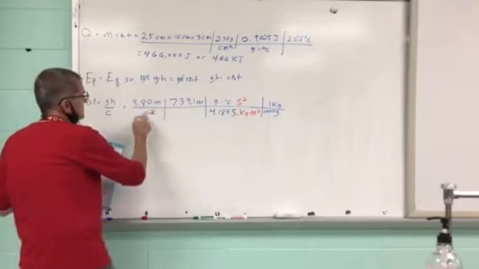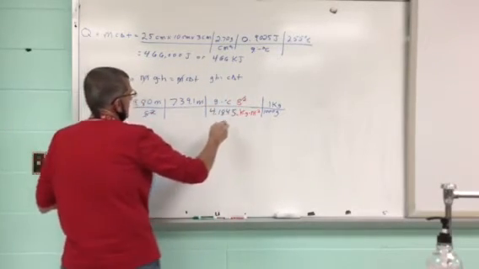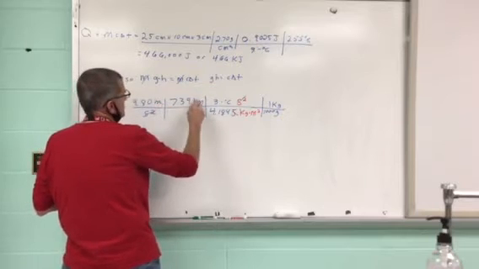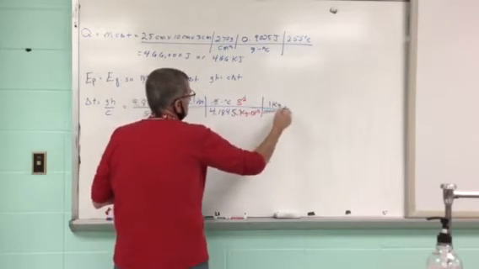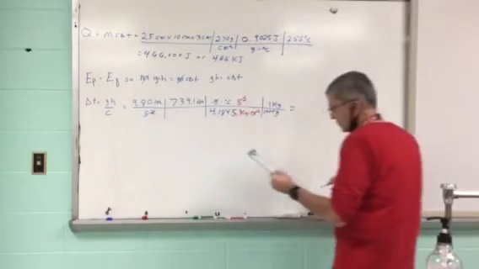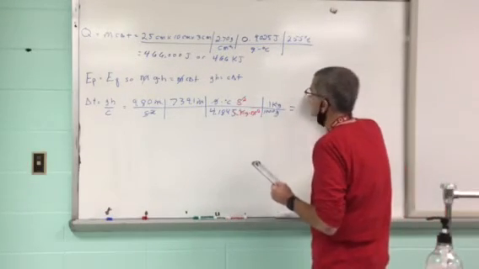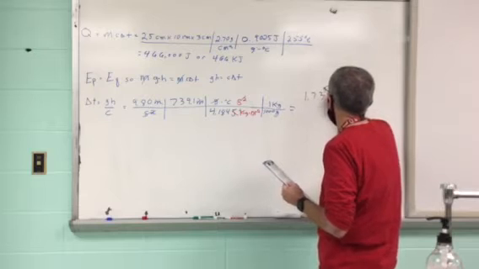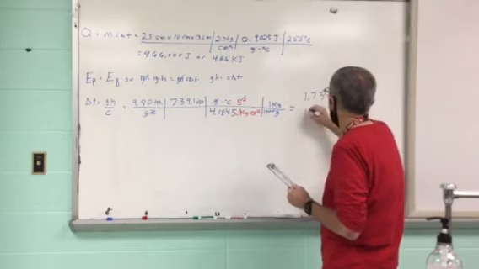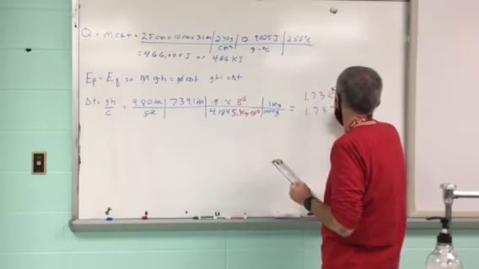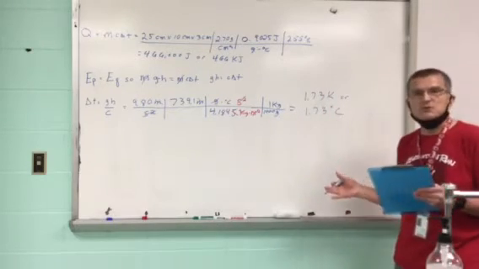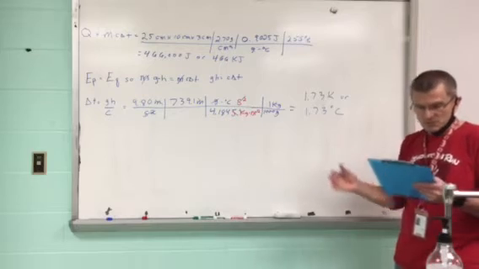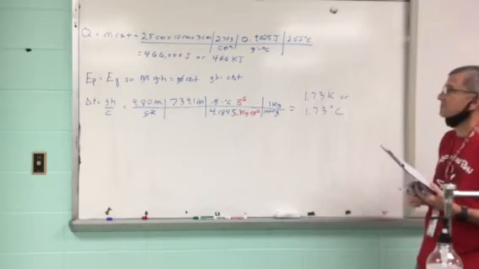Second squareds cancel. Meter times meter cancels with meter squared. Grams cancel and kilograms cancel. And so whether you did Kelvin or Celsius, it's a change in temperature, so 1.73 Kelvin or 1.73 degrees Celsius would be the temperature change the water would undergo in dropping from that height. Again, we're assuming no evaporative losses.